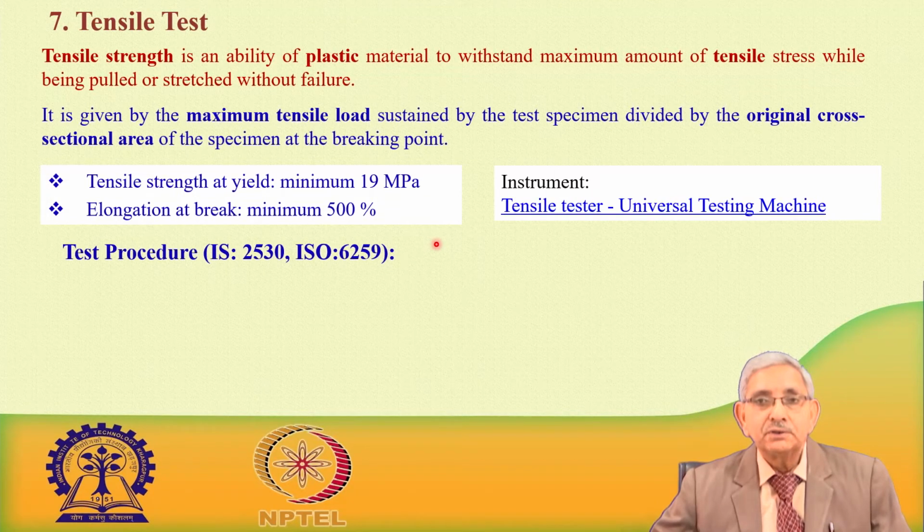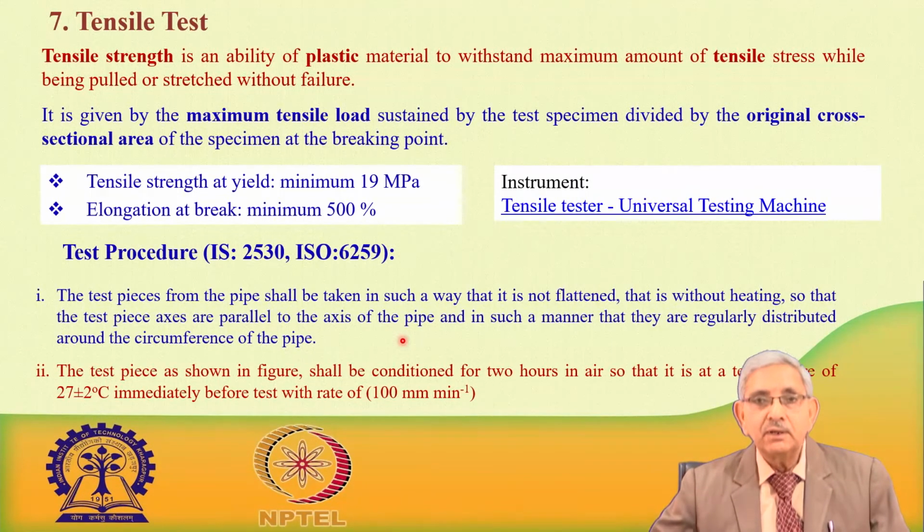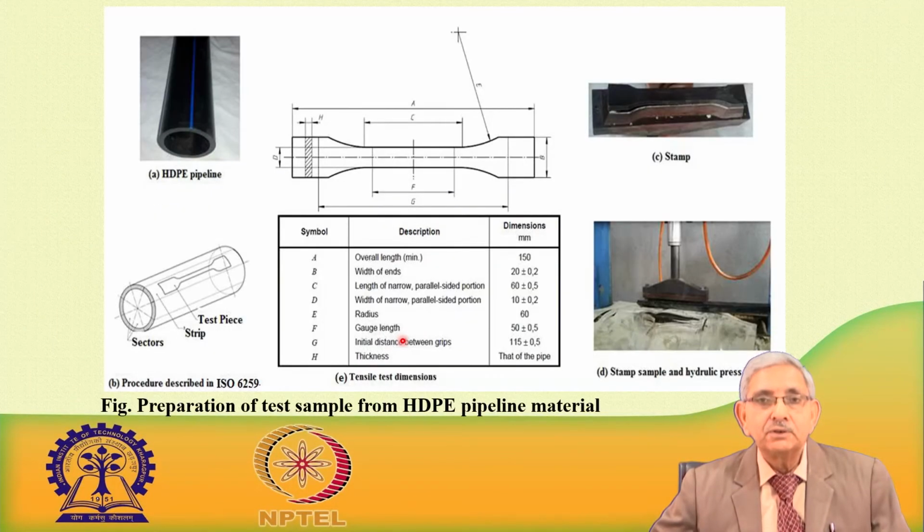The instrument which is used is the UTM, that is the universal test machine. The test procedure code is specified as 2530, and according to ISO this code is 6259. These procedures can be obtained from these codes, including how the sample is kept in the machine.